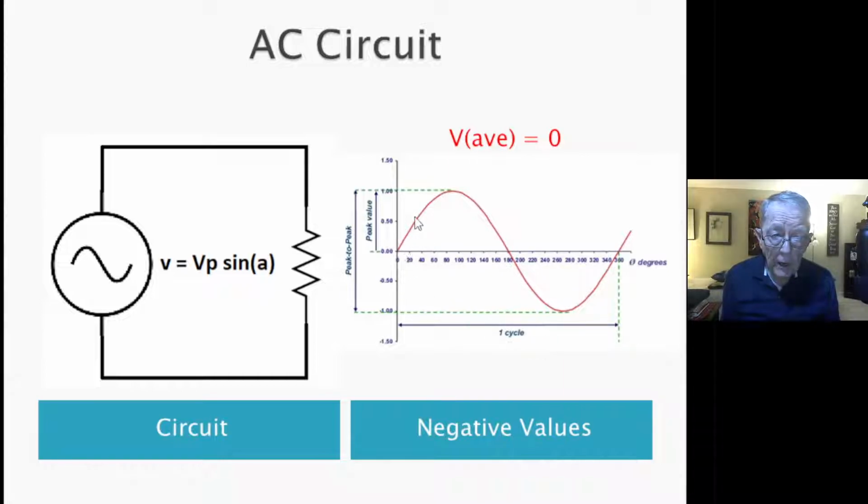If you were to add up all of these together, you'll get a value, and then you add up these, but because they're negative, it all balances out. The average value of an AC signal that follows a pure sine wave is 0. Measuring voltages and getting 0 for an answer in this case is just not acceptable.